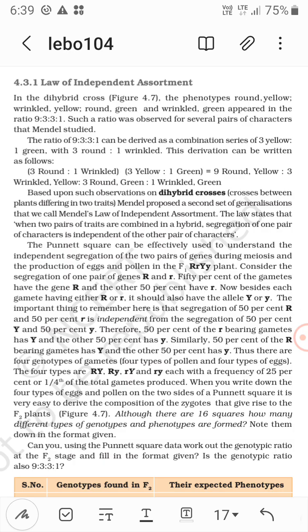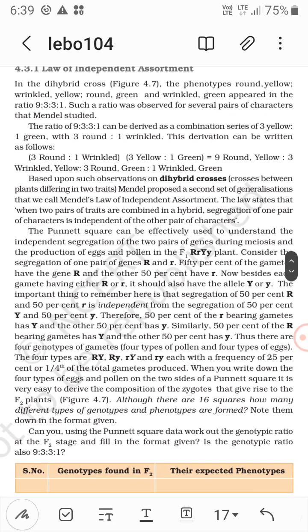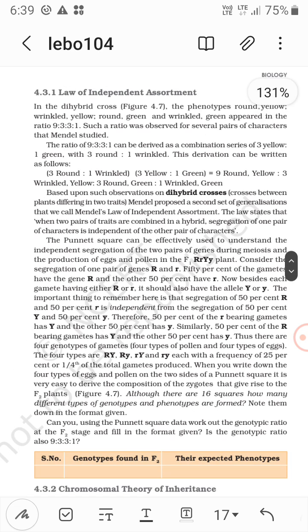This can be written as 3:1, 3:1, that is 3 3s are 9, 3 1s are 3, then 3 1s are 3 and 1 1 is 1. So this is like round yellow, round green, wrinkle yellow, wrinkle green.